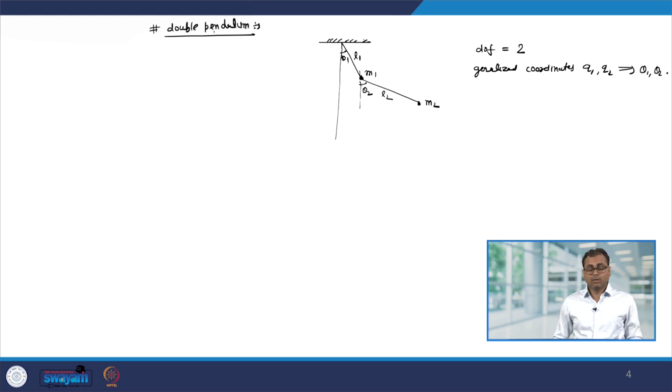Now, let us look at the displacement of the rigid body. So, suppose I have a rigid body and how can I displace it? Okay.